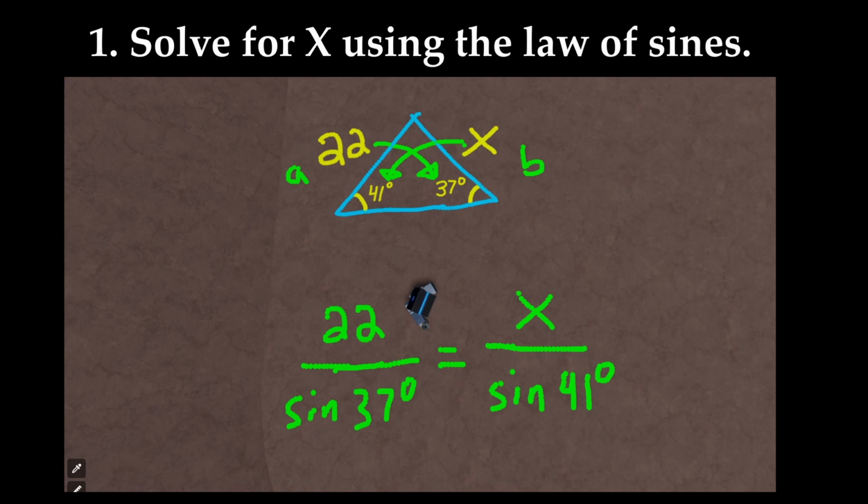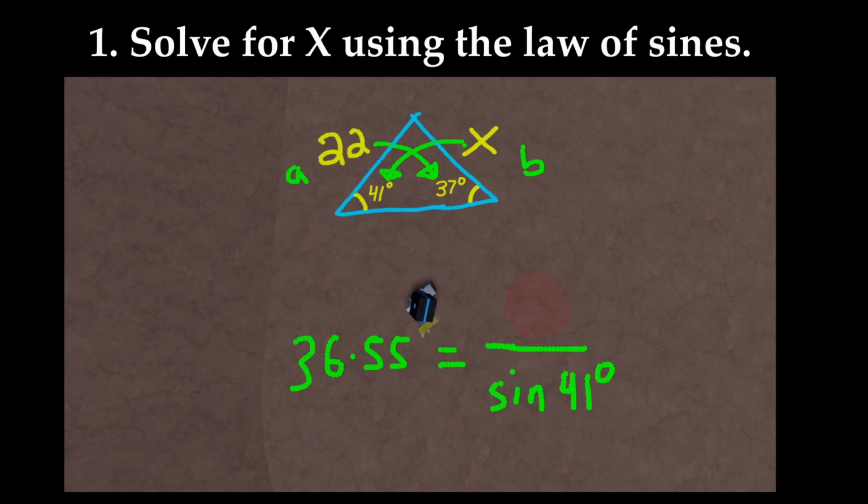First, do 22 divided by sine 37 on a calculator. If you do that, you should get 36.55. And then now you have x divided by sine of 41. I'm going to rewrite this to make it a little easier to see what I'm going to do. I'm going to write this as 1 over sine 41 times x.